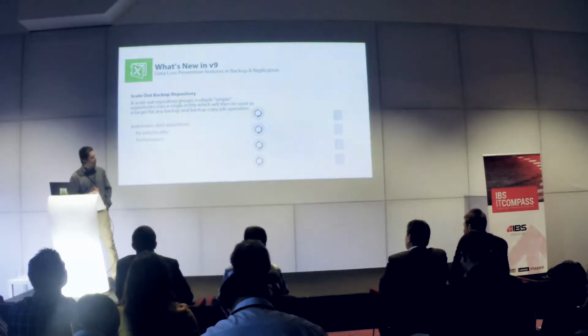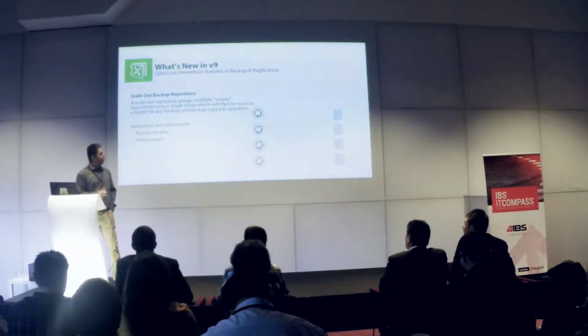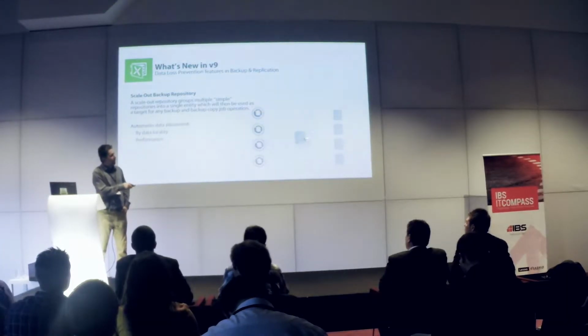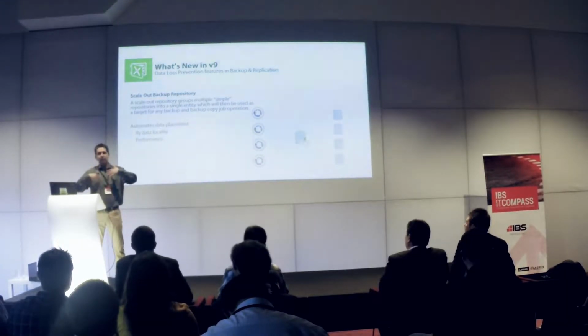So with the Scale-Out Backup Repository, what we are trying to do is simplify things. We can virtualize the repositories: basically have one scale-out backup repository that has extents in the backend.